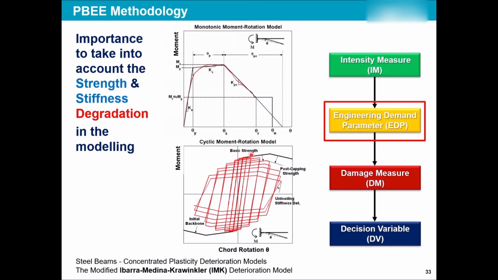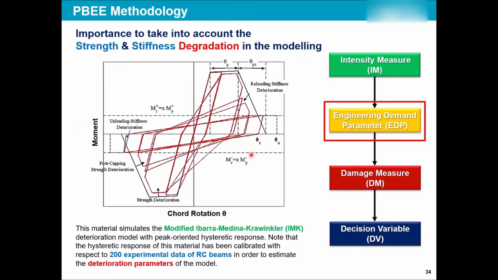So we'll see a full behavior of our building, and lots of studies have come up with component behaviors and defined materials. Like this one, the modified Ibarra Medina Krawinkler model, which is based on 200 experimental data of RC beams. These models are implemented in our analysis software like OpenSys and Seismostruct.